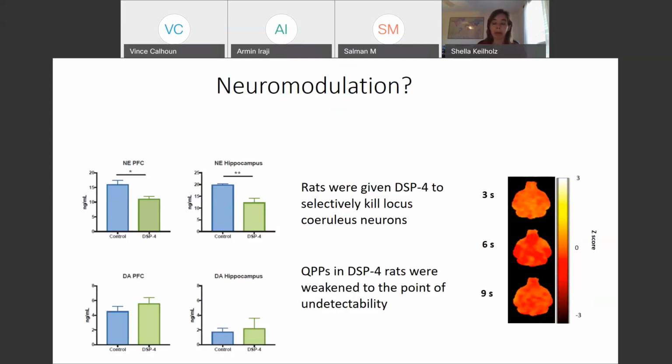What we found is that when we imaged these rats after DSP-4, we couldn't detect the QPPs anymore. If you see these patterns over here, we don't really get much spatial coherence any longer. It's just kind of noisy. It was the same sort of thing that we got if we ran our algorithm on a dead rat. So that, again, suggests that maybe these neuromodulatory centers are somehow driving these large-scale patterns that we see.